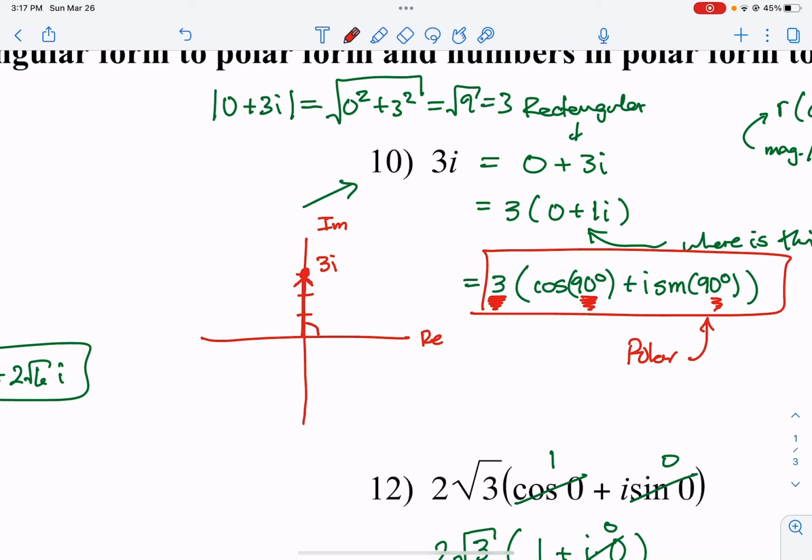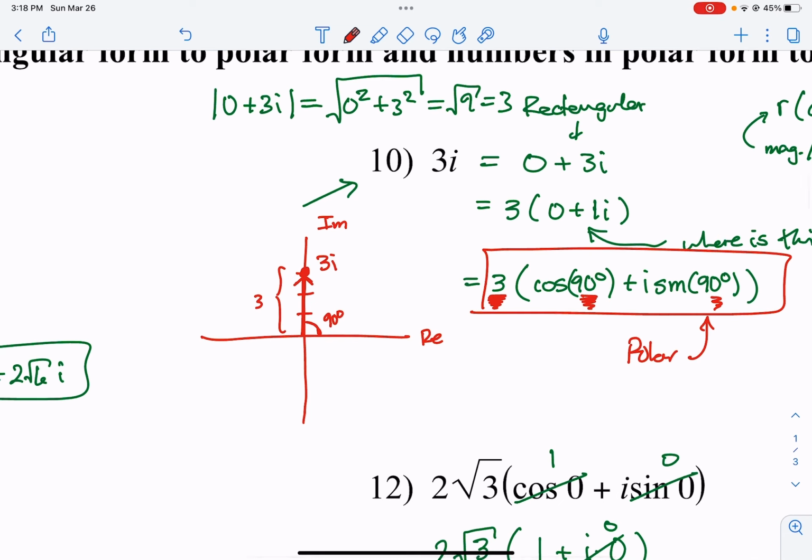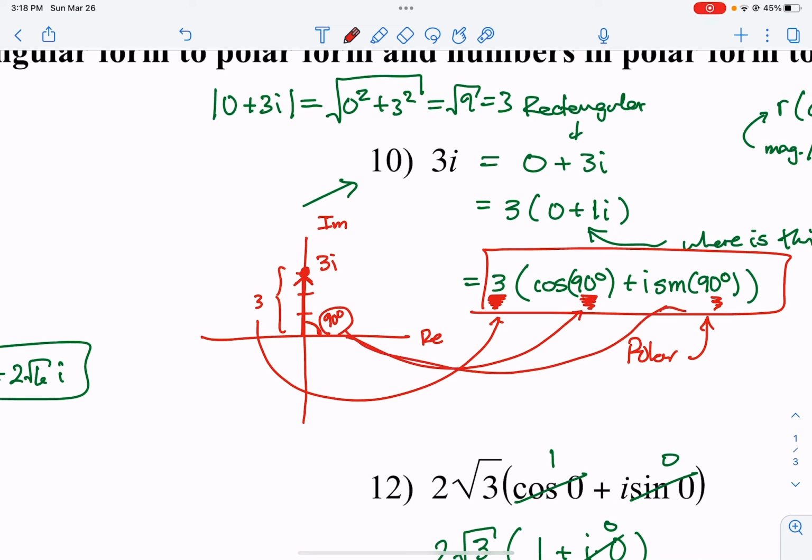And what is this angle? That's 90 degrees. What is the absolute value or the magnitude? That's exactly 3. And so, if you did this graphically, you could literally just take the 3, put it in front, and then take the 90 and put it inside of your sine and cosine.